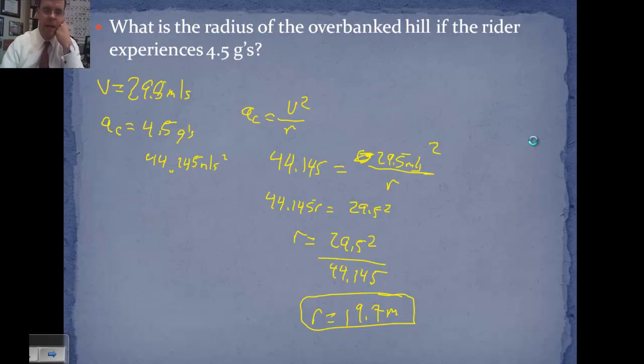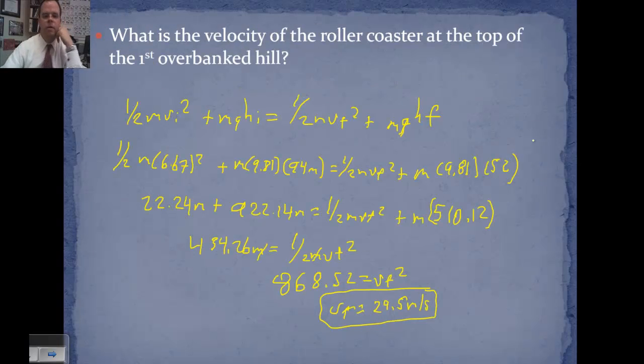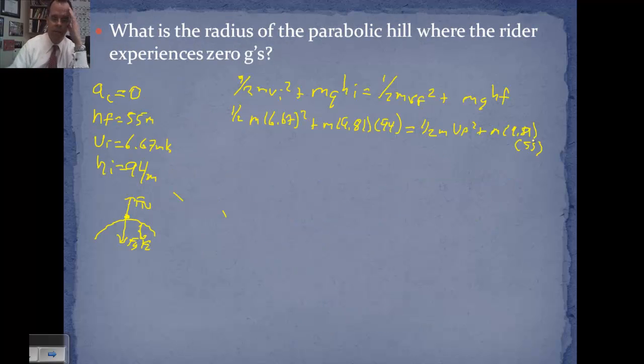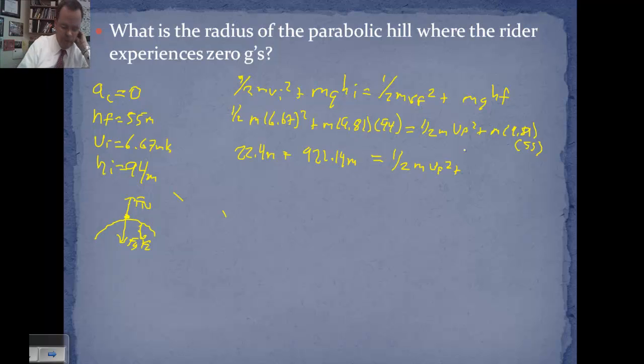Now if we look back, we can grab some of our data from that earlier problem. So it's 22.4 m plus 922.14 m equals 1/2 mv final squared plus 55 times 9.81, which is 539.55 m.